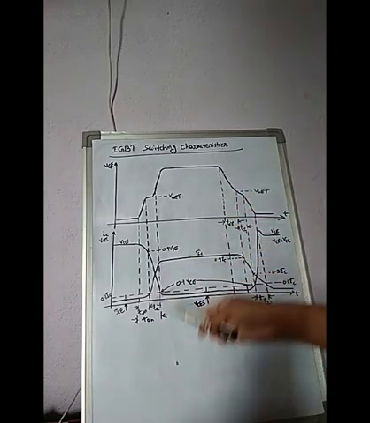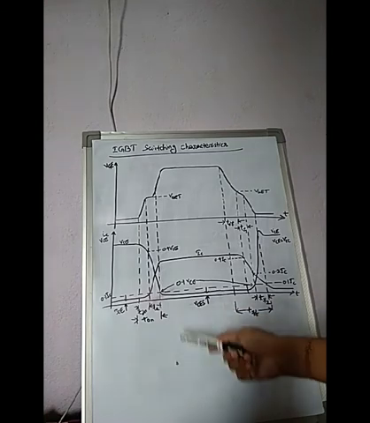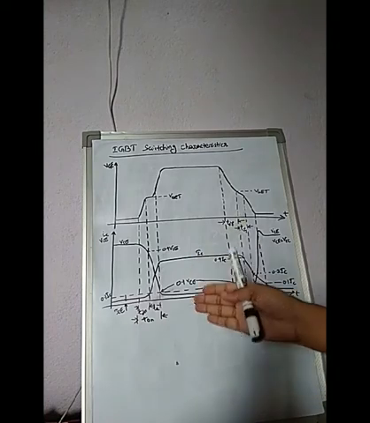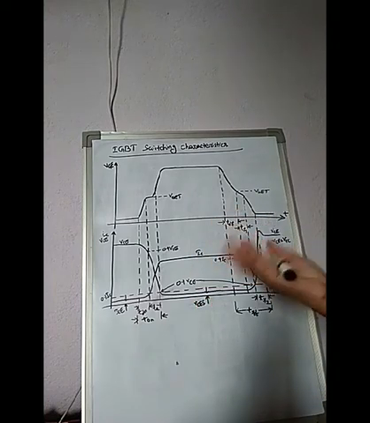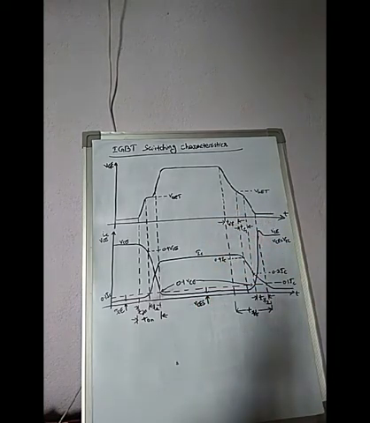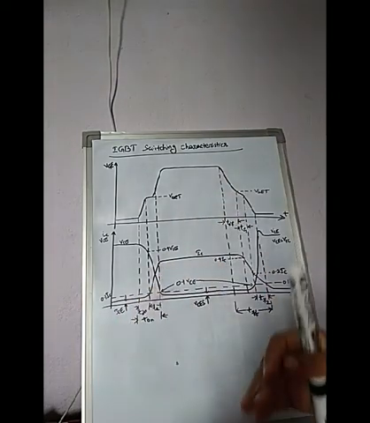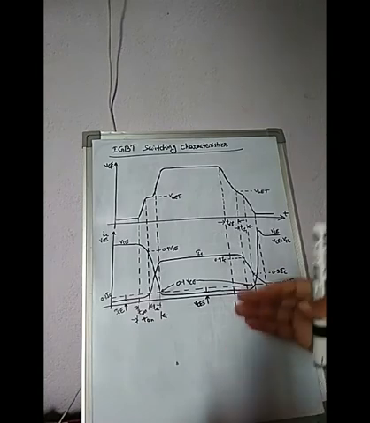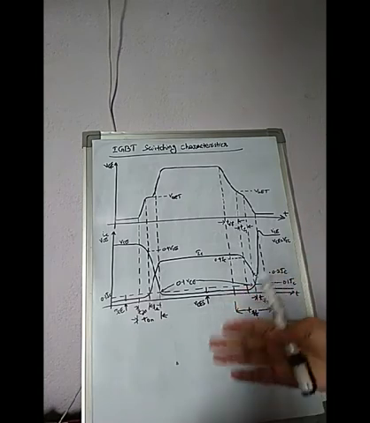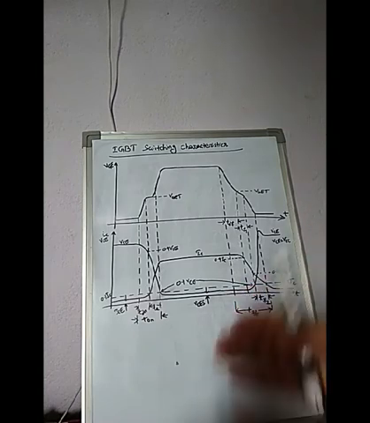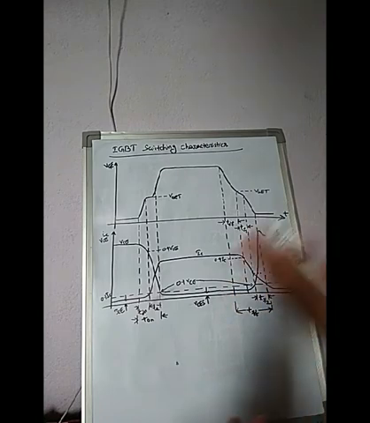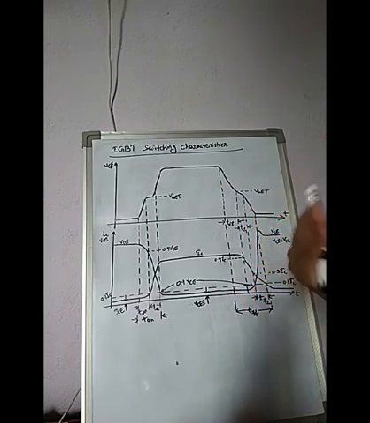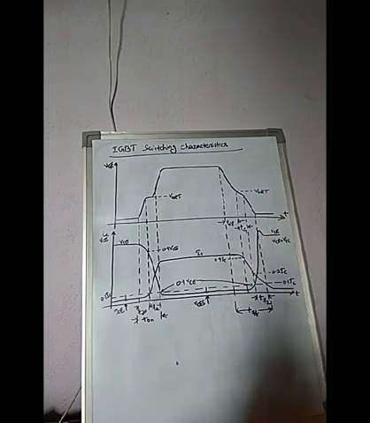So the turn on time T on is defined as the time between the instant of forward blocking to forward on state. So from switching from forward blocking state to forward on state, the time required for the device is the turn on time.